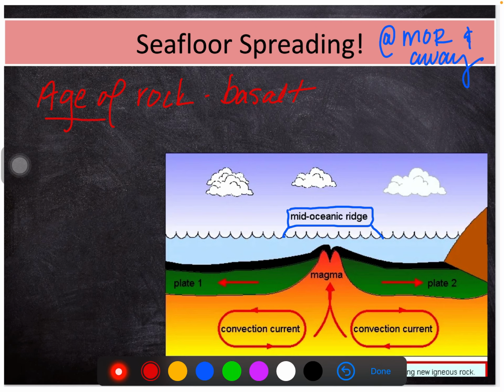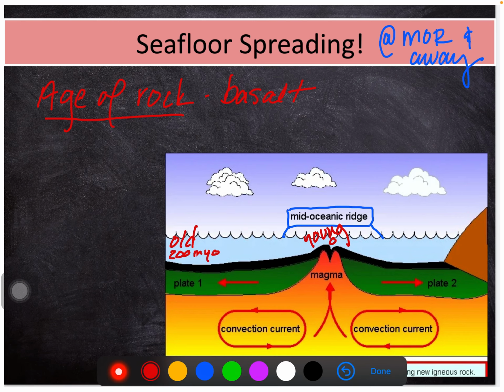So when we're looking at age of rock on the seafloor, we notice a change when we look at the ridge and away. At the ridge is where we find our youngest oceanic crust, and the farther away we get from the ridge, the older that rock becomes. So we have a range of anywhere from 0 million years old right at the ridge, all the way up to 200 million years old, far away from the ridge.